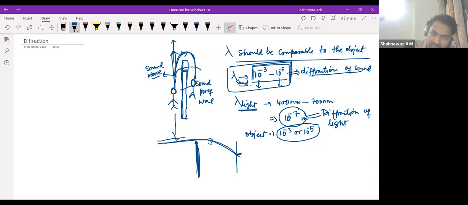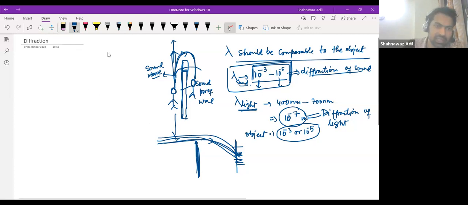If we have different lights, they will superimpose and make a pattern. So diffraction of light is the bending of light through a very small object whose size is comparable to the wavelength of the light. This is the idea of diffraction.